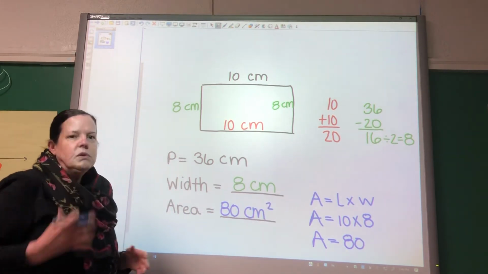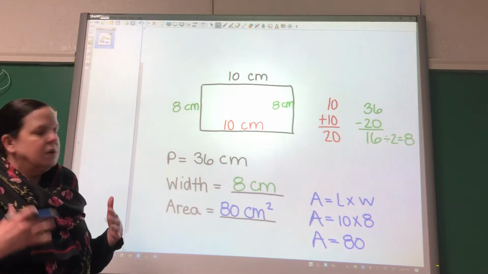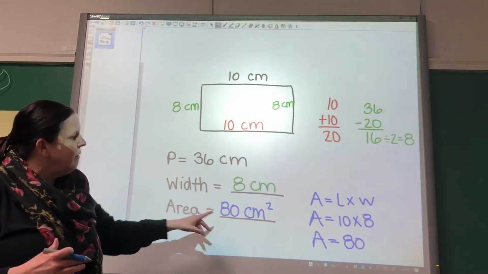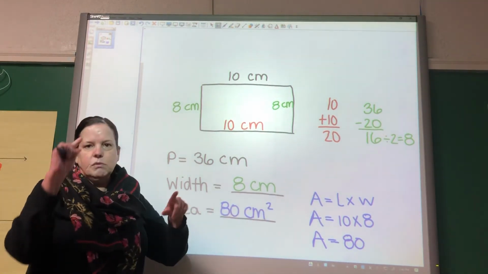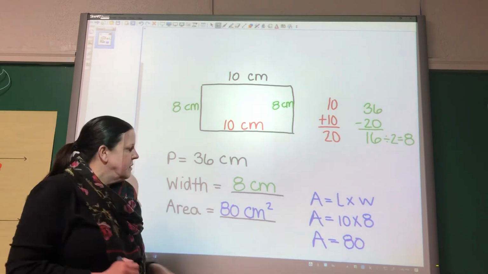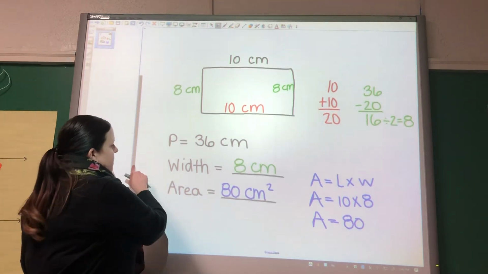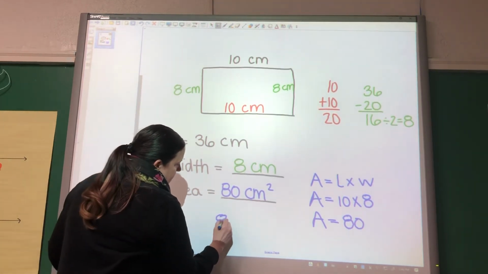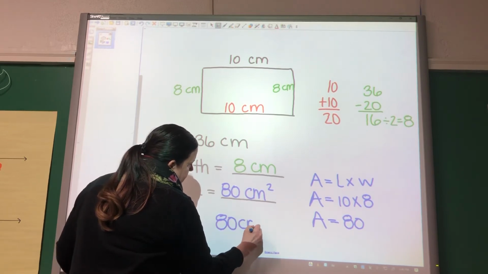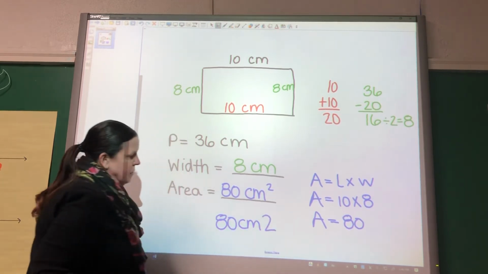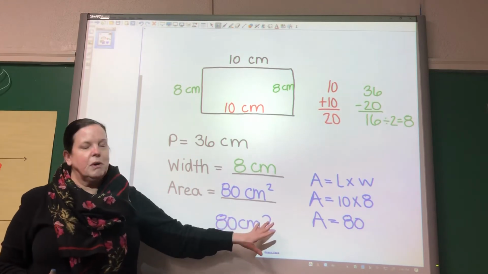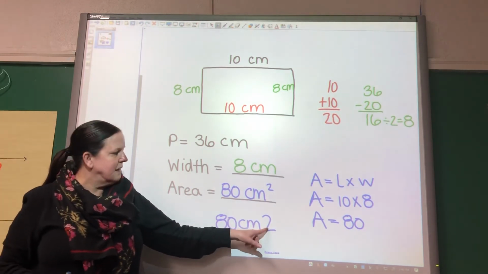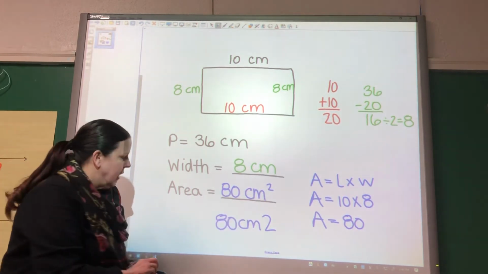But again, when you're doing it at home on your computer, Chromebook, whatever device you have, you can't really do that little square, that little 2, because I don't want us to do this. Please do not type it in as 80 cm and then a big 2. Okay, so this will be marked wrong because that is not the same thing as the little 2 up in the air.